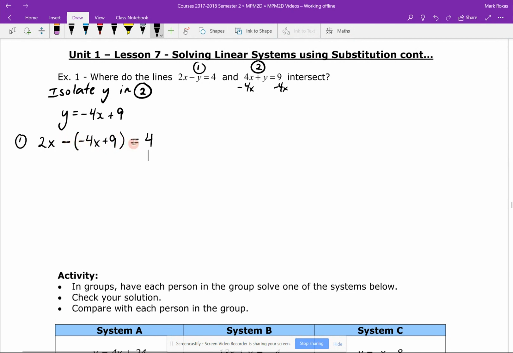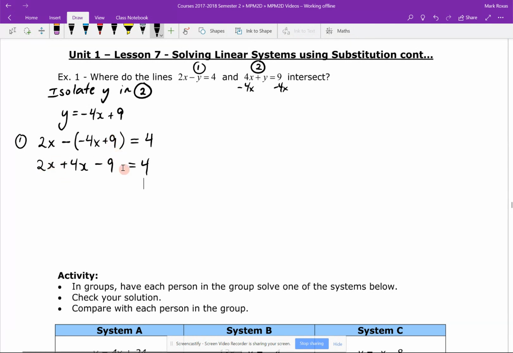So you have a minus negative 4x plus 9. You're going to distribute the minus sign and expand that bracket. So here we're going to write 2x, minus negative 4x is plus 4x, and the minus 9 is minus 9, equals 4. Then we're going to collect like terms.